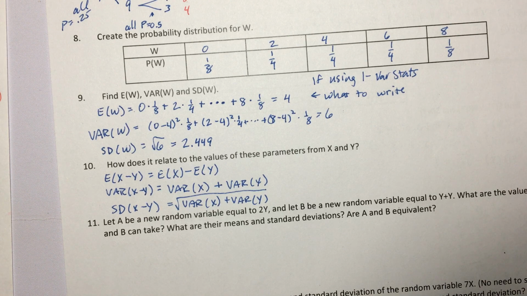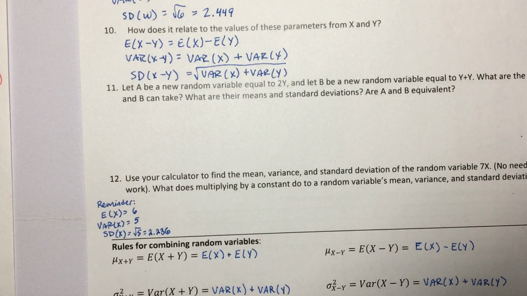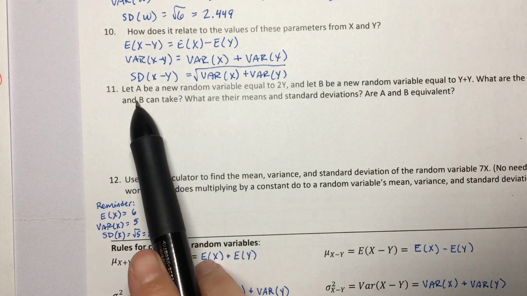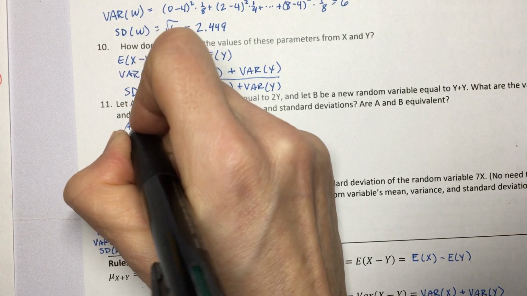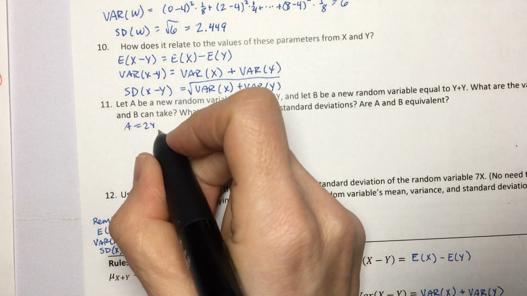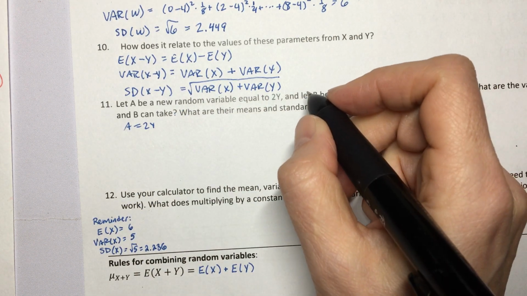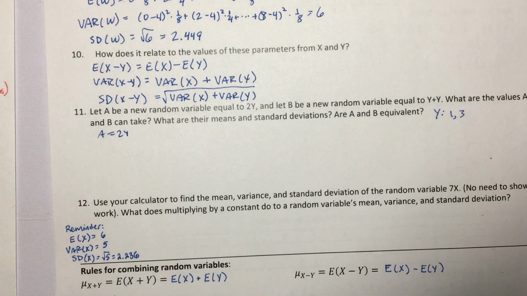Okay, whew, flying through this. Now, let's say we have a new random variable called a, where it's equal to 2 times y. That means you're just doubling your values in y. So remember, we had 1 and 3 with equal probabilities.